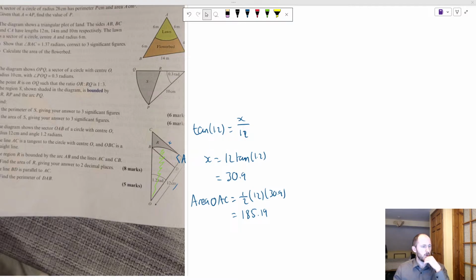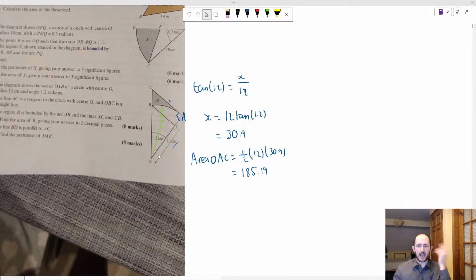And all we need to do now is sub it into the formula. Area of a sector normally is angle over 360 pi r squared. Usually. But when we use radians, this bit just becomes theta.